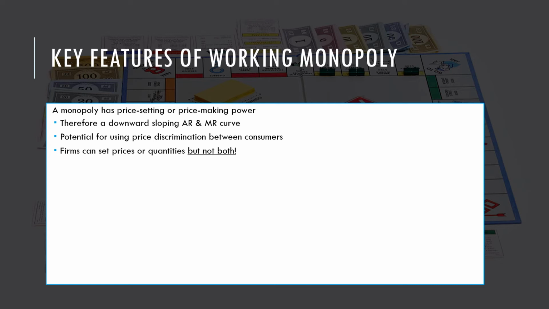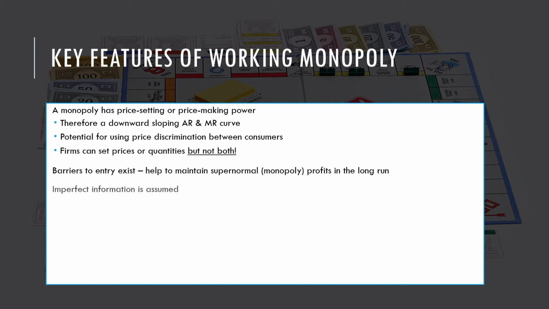Firms can either set their prices here, be a price setter, or they can set the quantity they're going to sell, but not both. Barriers to entry exist, which allows them to maintain supernormal profits in the long run. Because there is no threat of competition entering the market to compete away the supernormal profit, abnormal profits can be maintained in the long run.